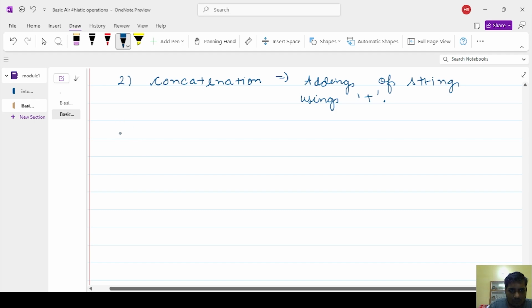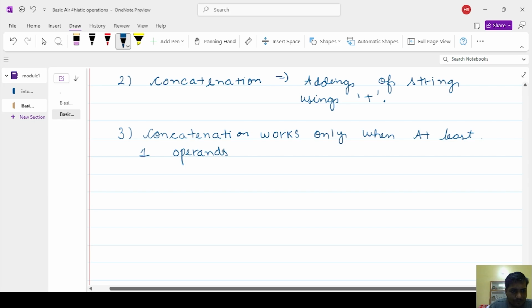Okay, now third point. Concatenation works only when at least one operand is a string.